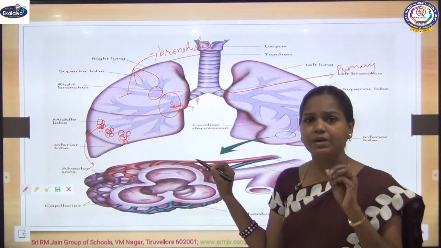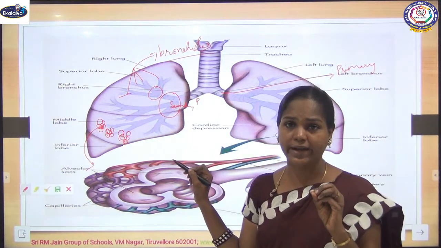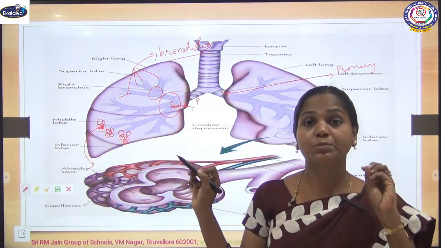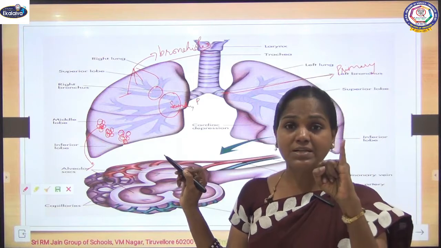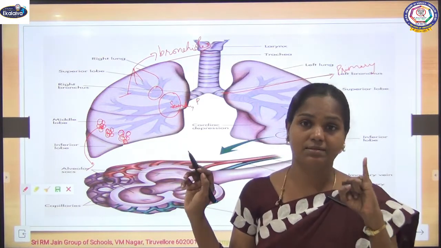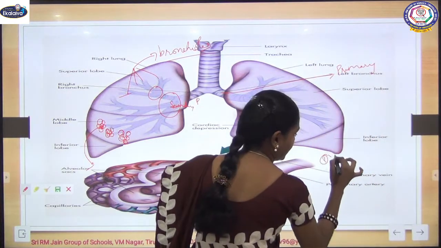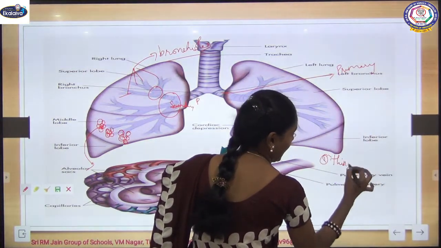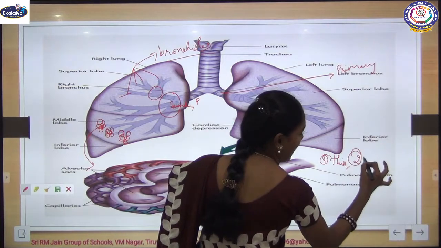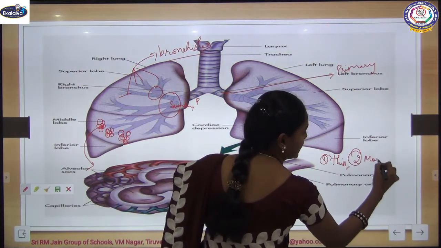For being a very good respiratory organ, that organ should possess some qualities. The first property is that it should be very thin. The second is that it should have more surface area.